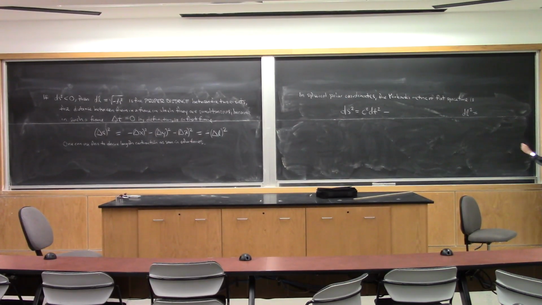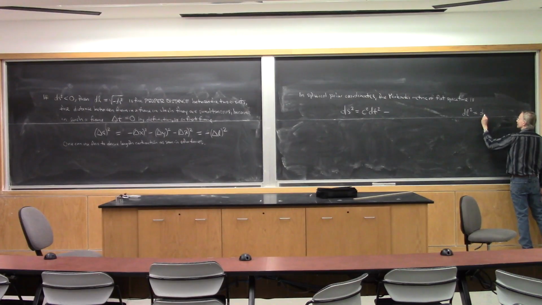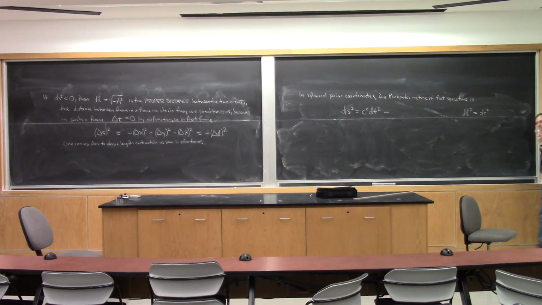So that's in there. It's dr squared for the radial piece. Okay, and then there is a piece that involves d phi, yes? Squared, yep, so r squared d phi squared.